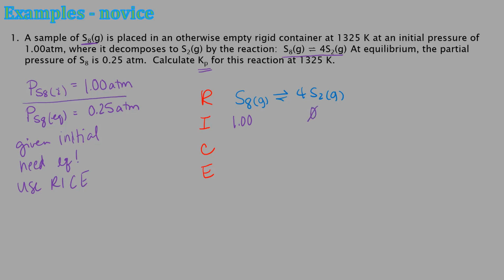If I did, they would have to state that I did. Because it's not there, that means I don't have any of it. So this reaction must go forward. It can't go backwards because I don't have any of the product in order to go backwards. There's none of this to make S8.